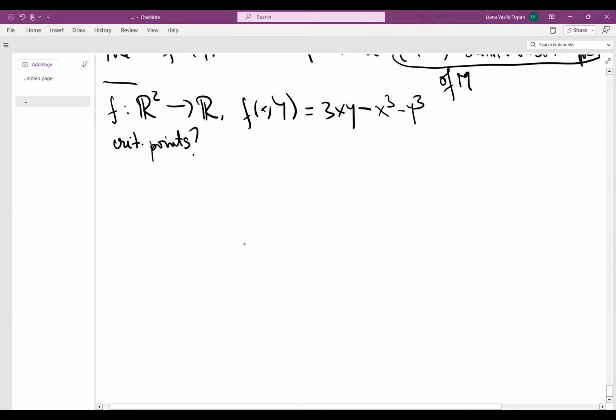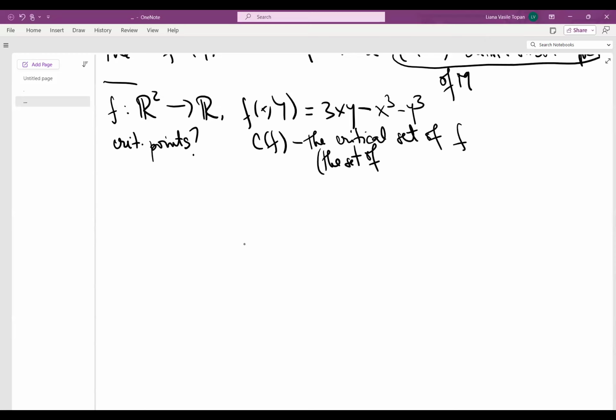The set of all critical points is called the critical set of the function f. All right, so I'm going to write like this. C of f is what we denote by the critical set of f, and this is the set of all critical points of our function f.